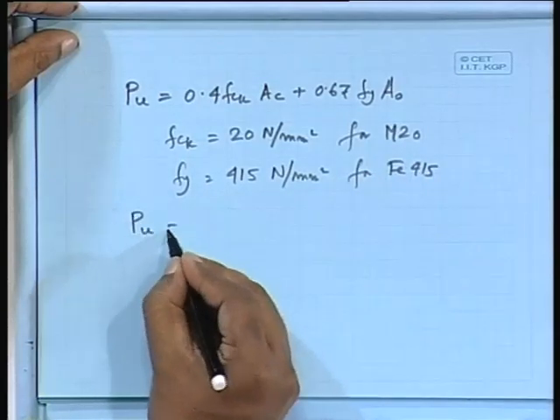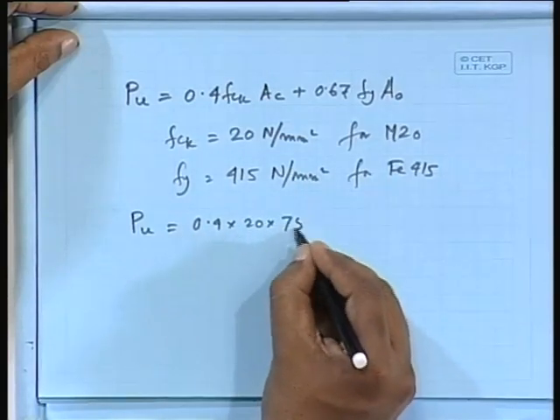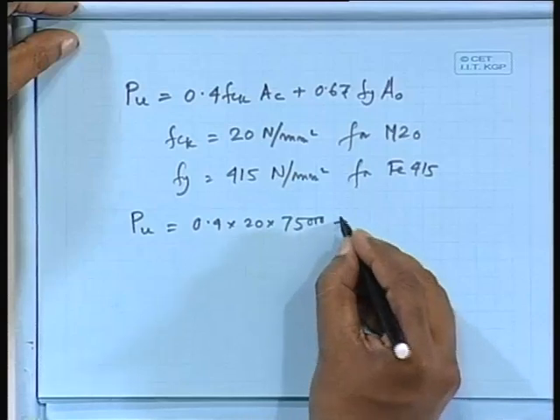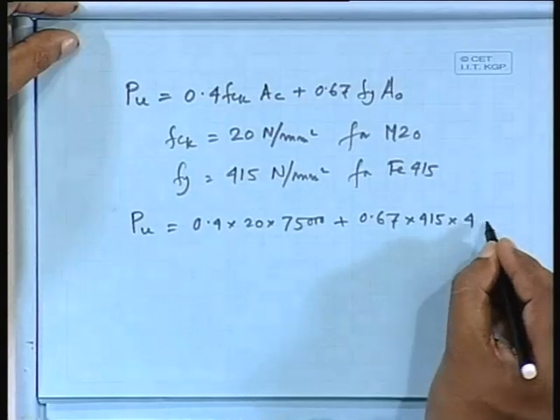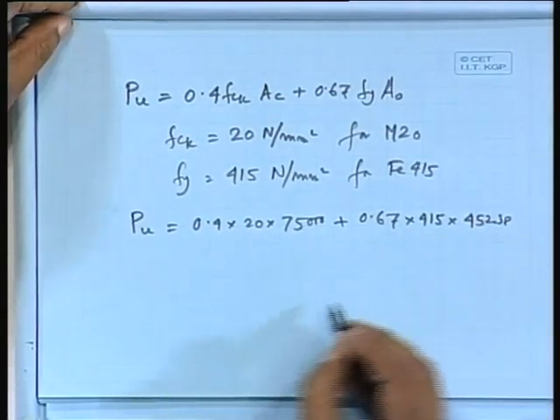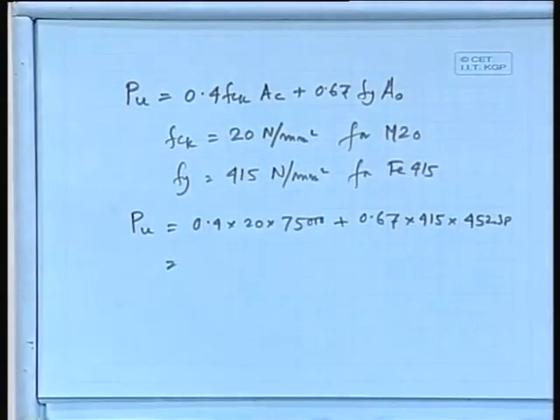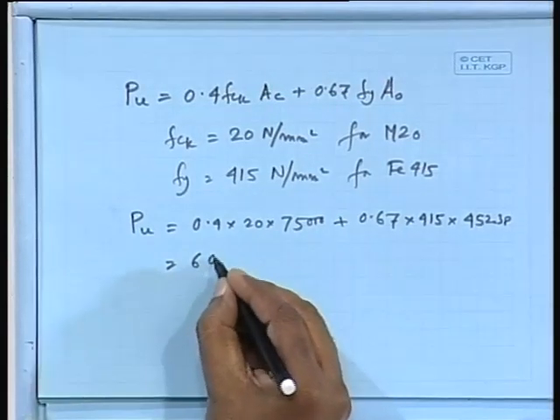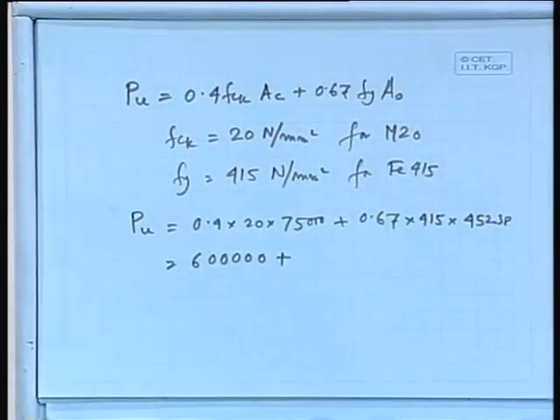So PU equal to 0.4 times 20 times 75,000, that is the one we have got, plus 0.67 times 415 times 452. Anyway, so we are getting here 0.4 times 20 times 75000 plus 0.67 times 415 times 452.38.